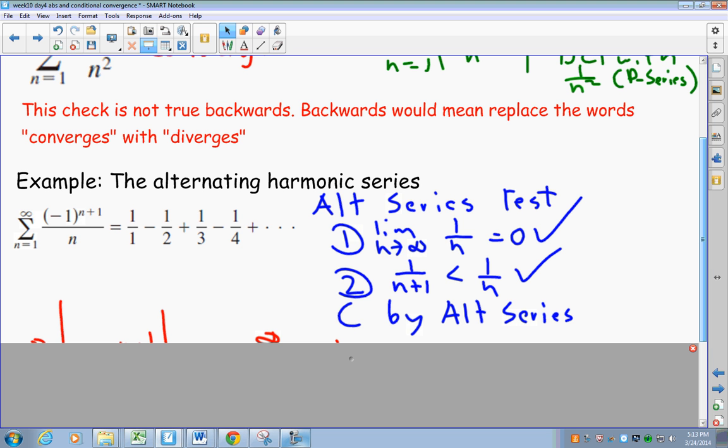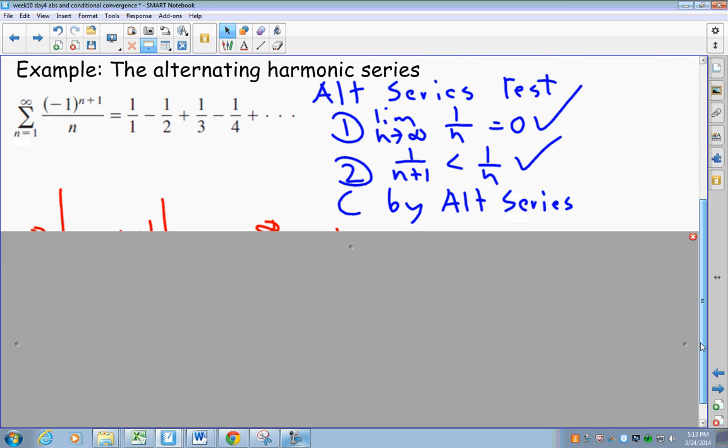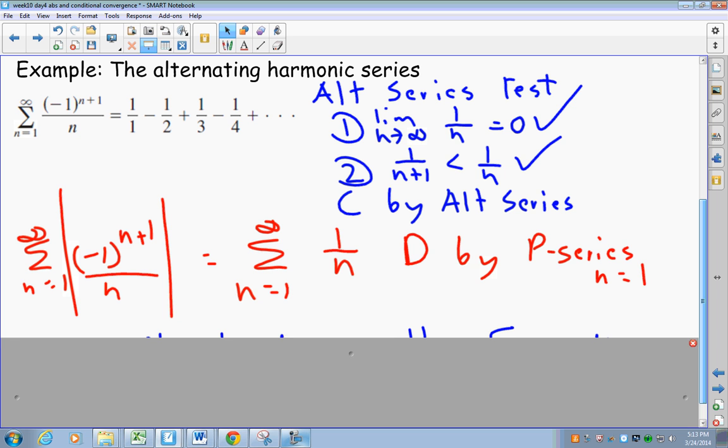Now let's take a look at it with the absolute value put into it. When I put the absolute value into it, that takes away the alternating part. I'm just left with 1 over n, but we know 1 over n diverges by the p-series, where p equals 1. So in this case, the regular guy converged, but the absolute guy diverged.